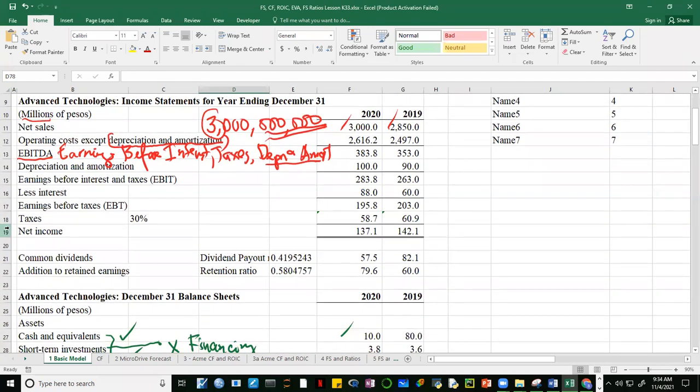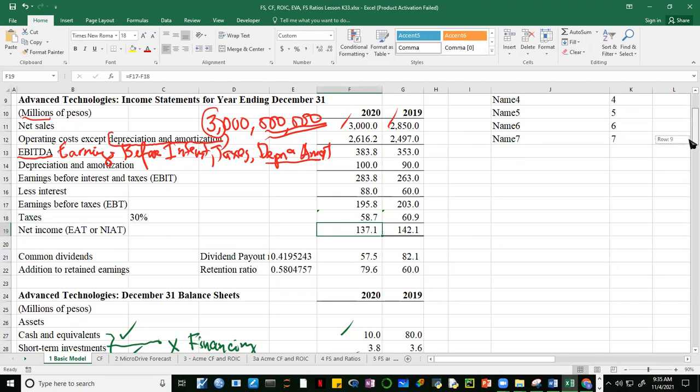So this is actually your earnings after tax, EAT, or NIAT, net income after tax. This one, the net income, because we have deducted tax. So it's called net income after tax. So we already have this net income after tax at 137.1.